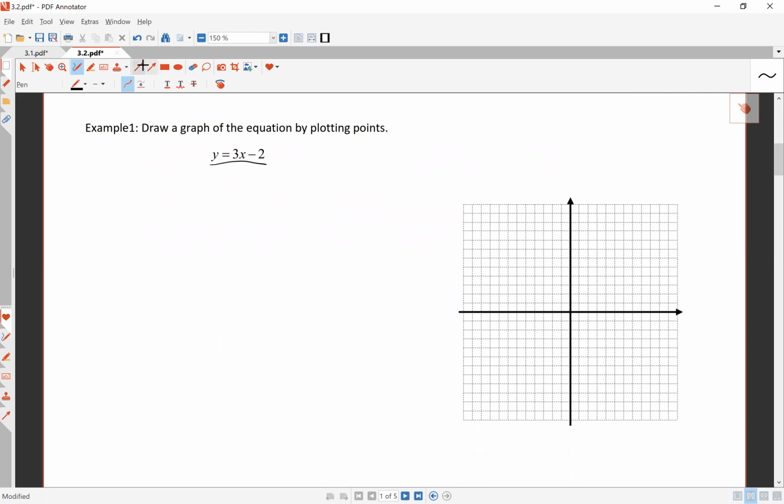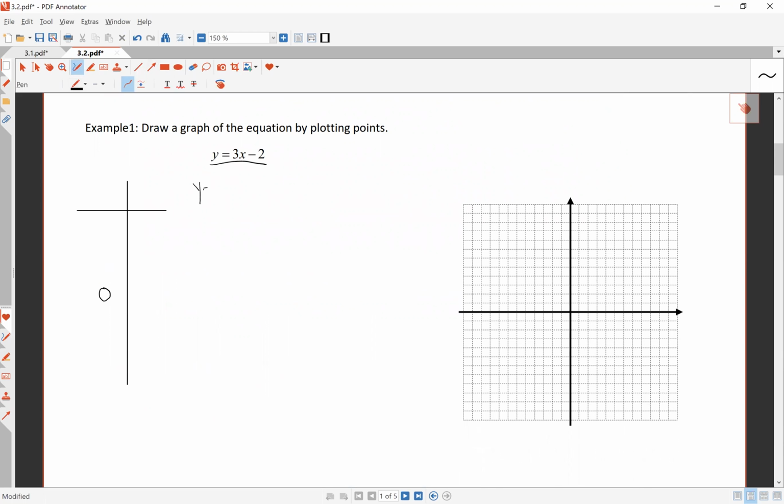So we start by making a table of values for the equation. And I want to start off with the easiest one first, which is x equals 0.